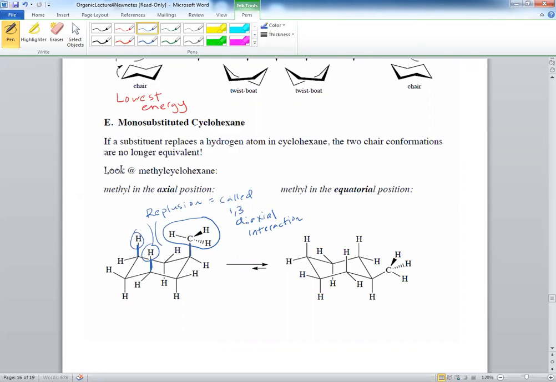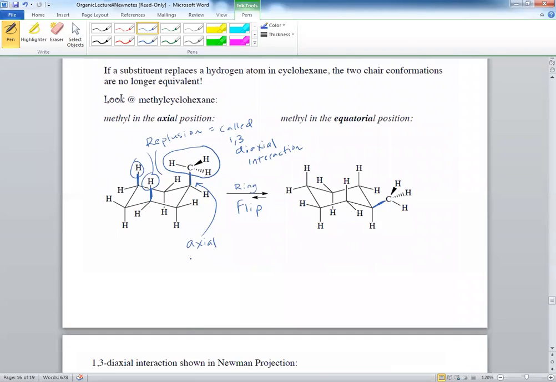So if we do a ring flip, we notice now that the axial methyl that was here is now there. So again, we're going to call this an axial methyl. And of course, this right here is now an equatorial methyl.